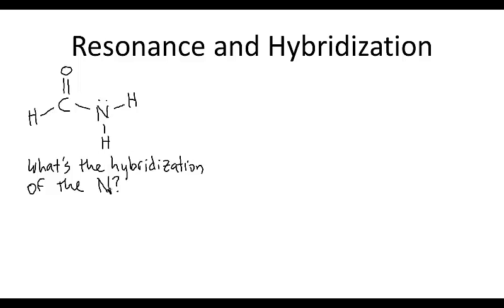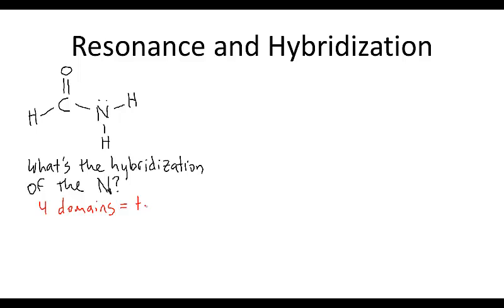The response was sp2? Why? All right, it makes 3 bonds, but it also has a lone pair. All right, how many domains does it have? All right, 4 domains. So we would have said 4 domains.